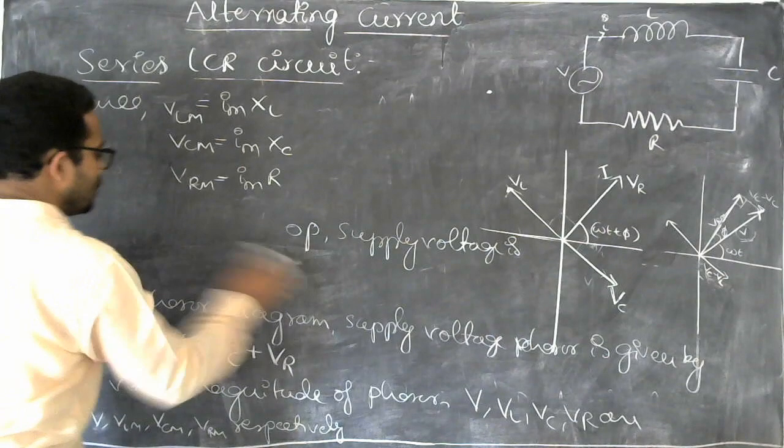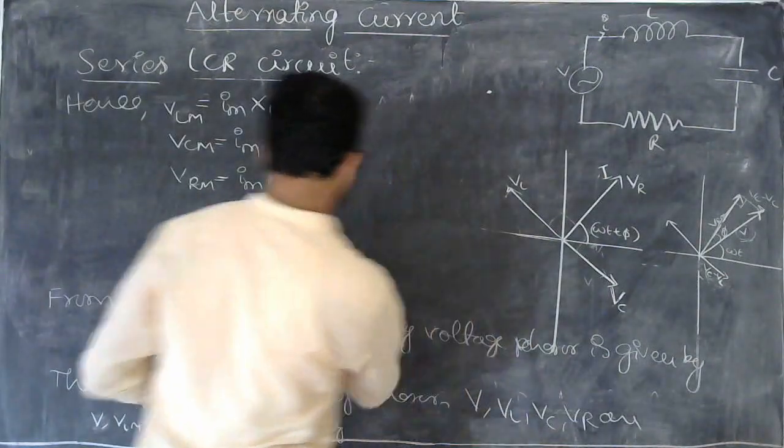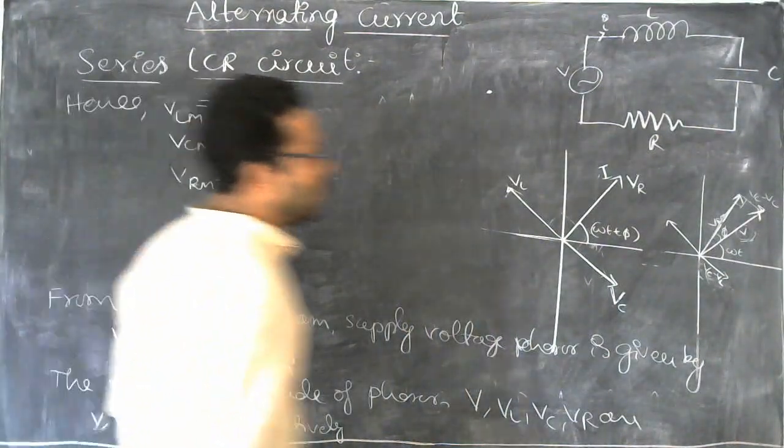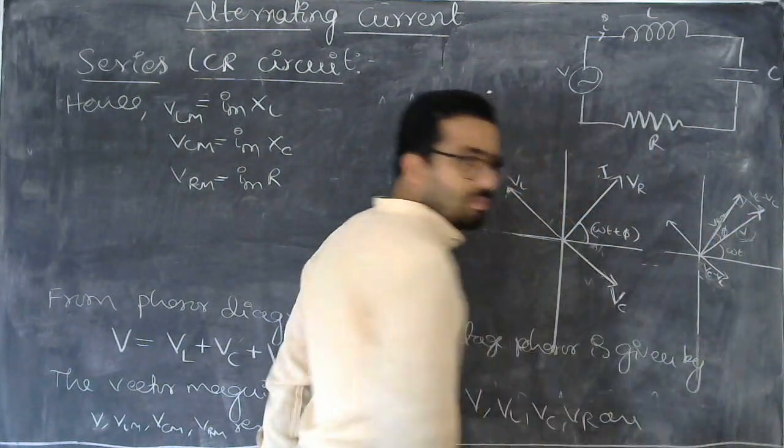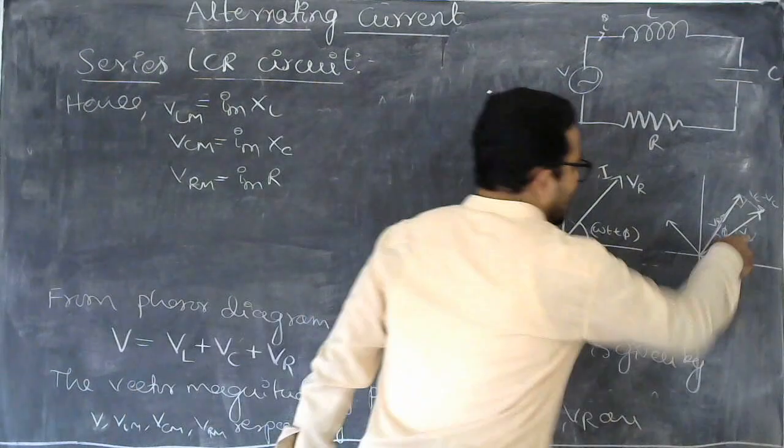Now I told you that we can get a right angle triangle over there, so we can apply the Pythagoras theorem.